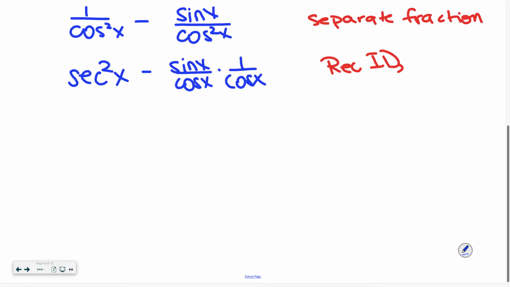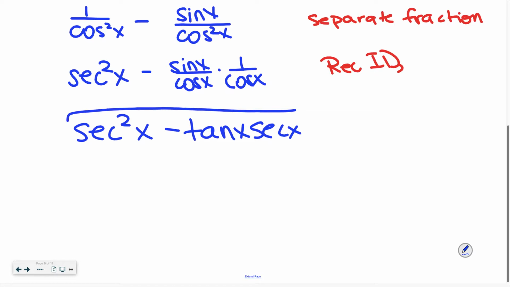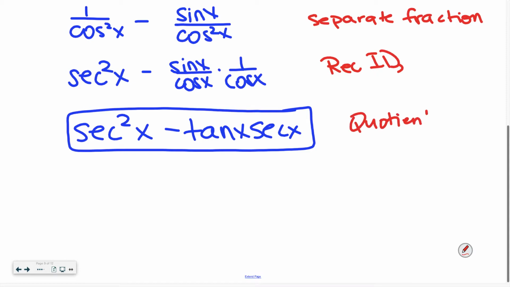The sine over cosine can change to tangent, but then we have that extra cosine in the denominator, so we can change that to a secant. So we use the quotient and the reciprocal identities.